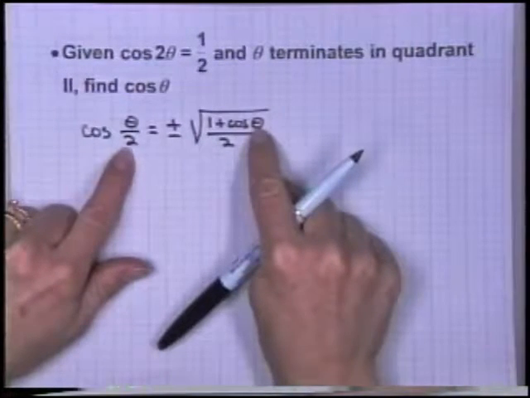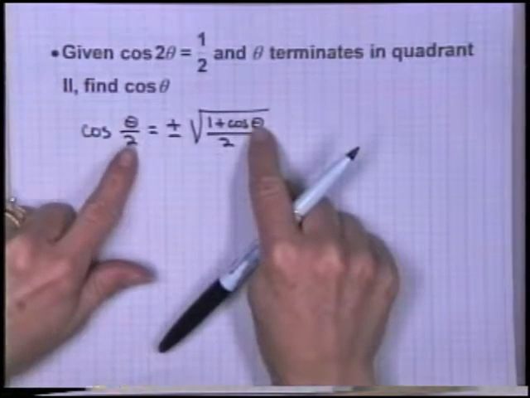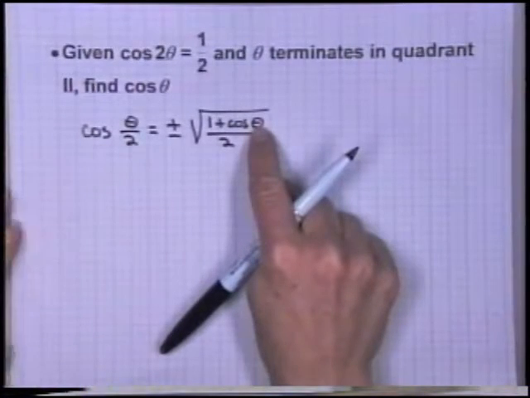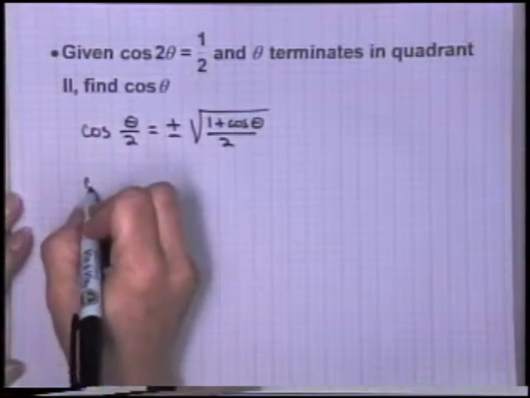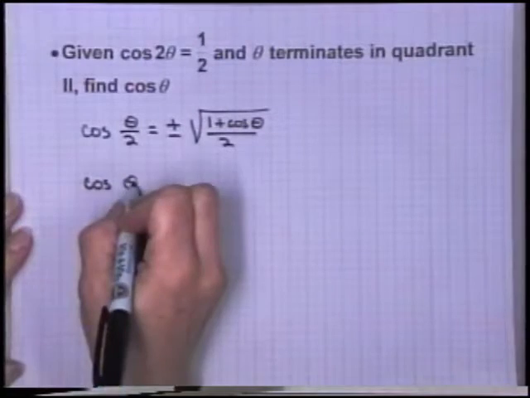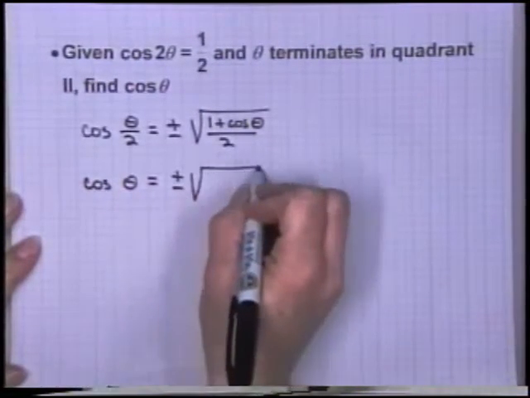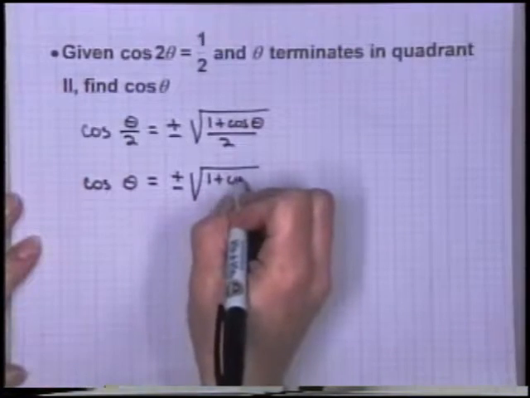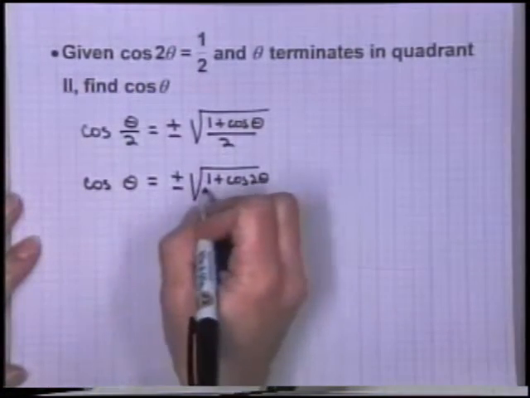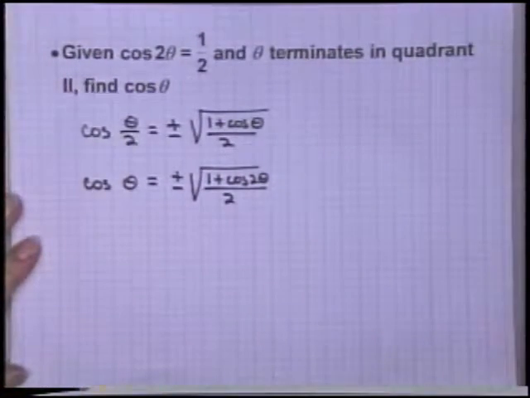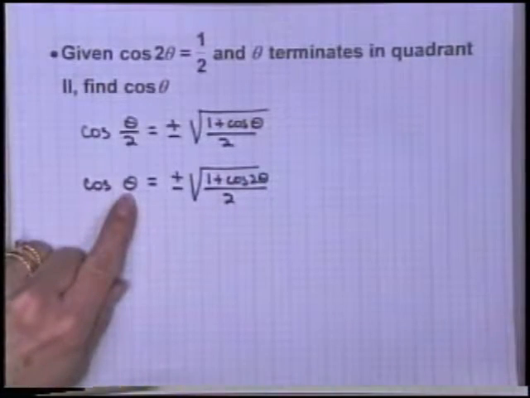Whatever you have here, if you multiply by 2, you get this. Or whatever you have here, if you divide by 2, you get this. I'm going to rewrite this identity this way. The cosine of theta is plus or minus the square root of 1 plus cosine 2 theta divided by 2.